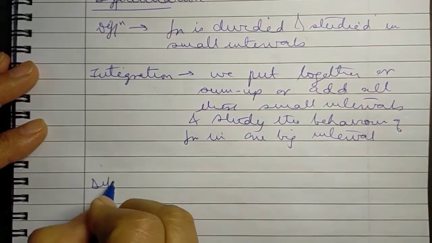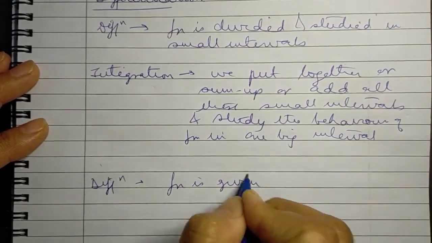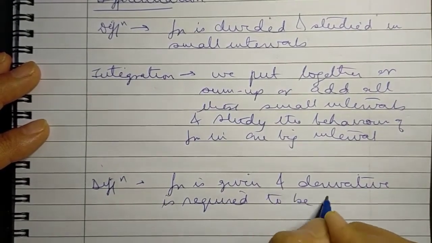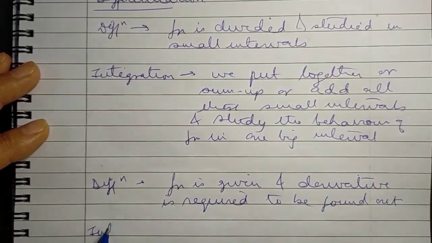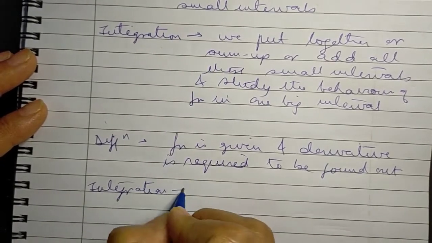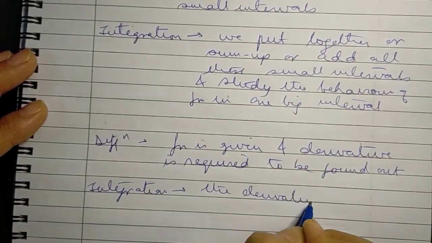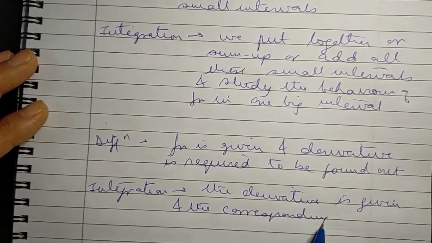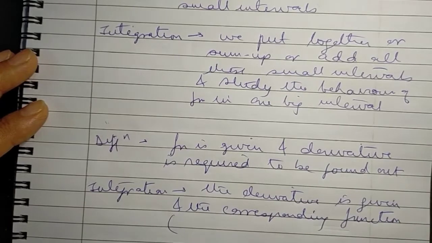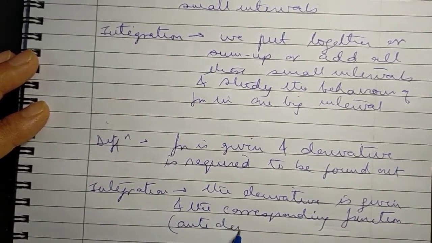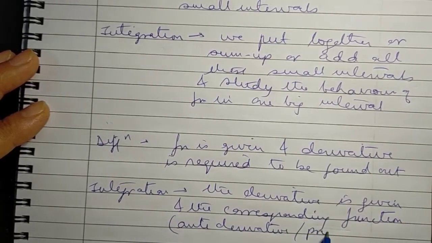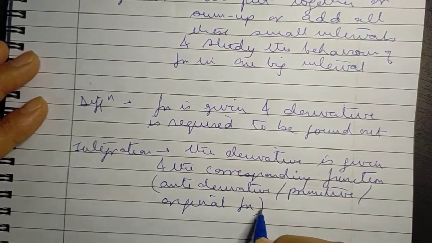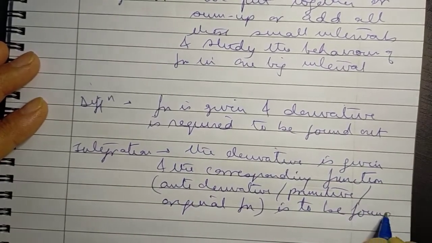So in case of differentiation, the function is given and the derivative is required to be found, whereas in case of integration the derivative is given and the corresponding original function, which is also called antiderivative or primitive, is to be found out.